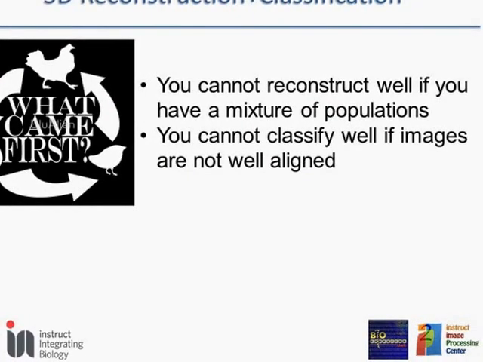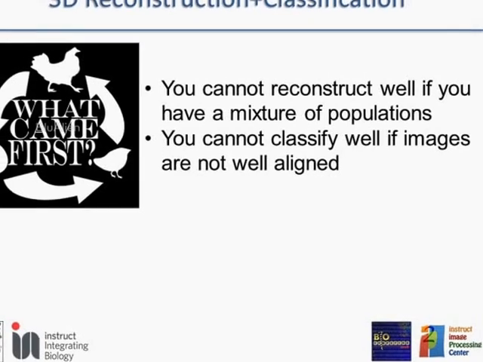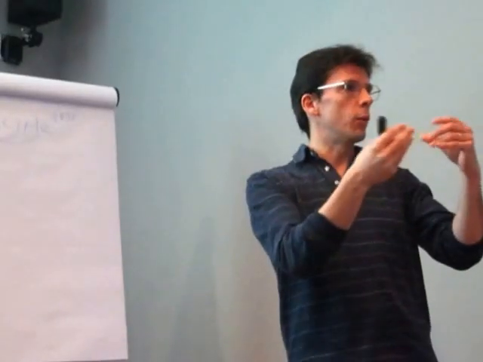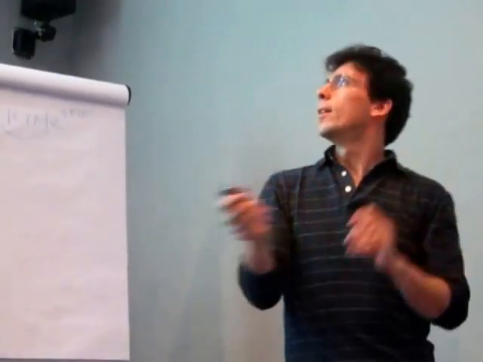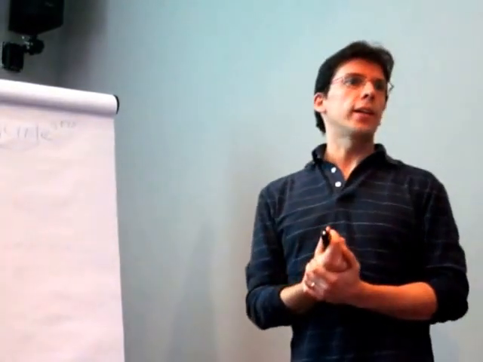And 3D classification and 3D reconstruction are a little bit intermixed. It is a little bit like the chicken and egg problem. You cannot reconstruct well if you have a mixture of populations. So if you have a set of images that belong to two structures and you do a 3D reconstruction, what you will have is a mixture of the two structures. But also, you cannot classify well if the images are not well aligned.